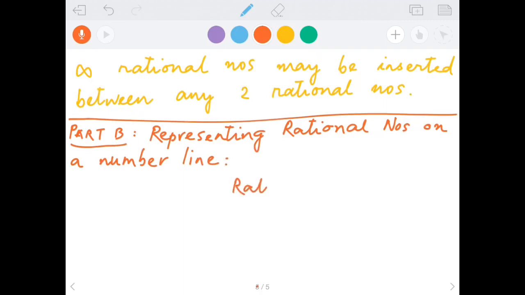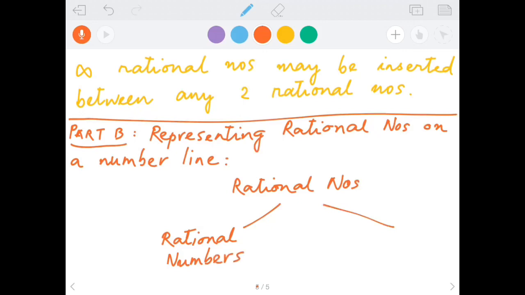Now let us take the basic definition. You know, rational numbers can be of two types. You can have rational numbers that are greater than 1. You could also have rational numbers, there you go, that are less than 1.